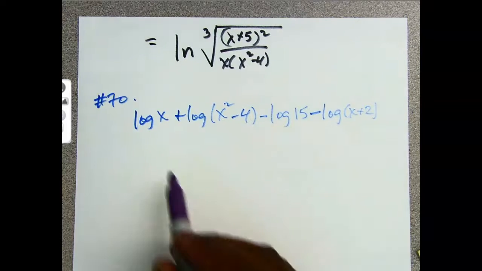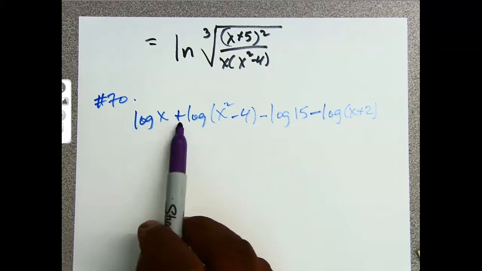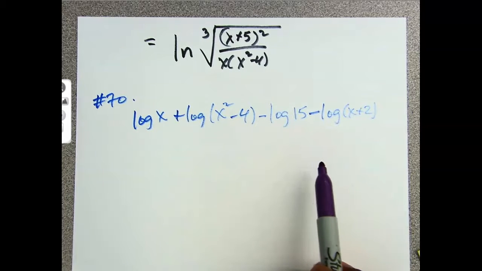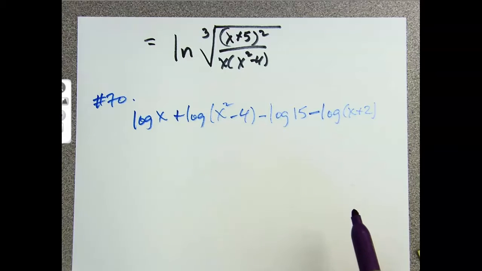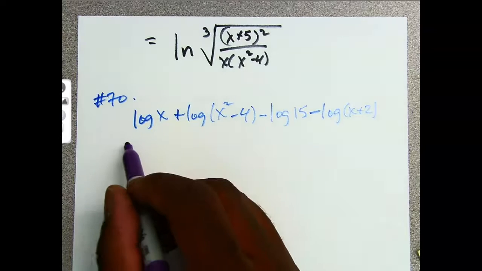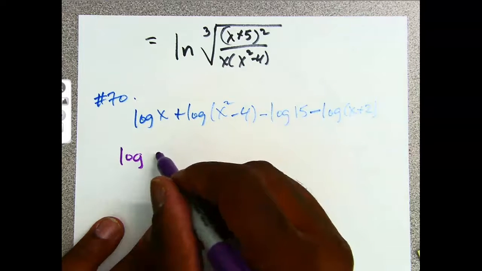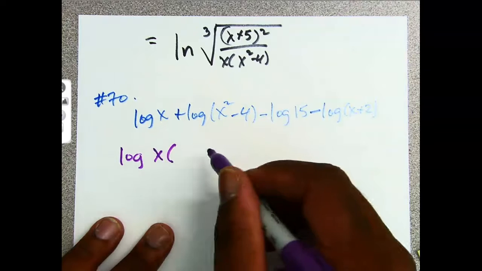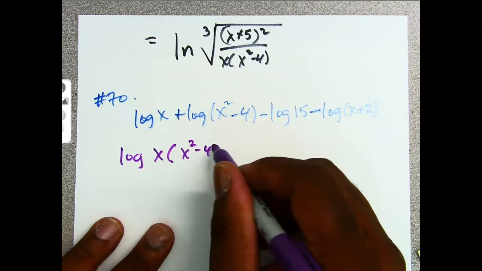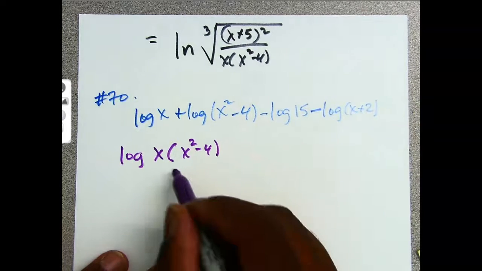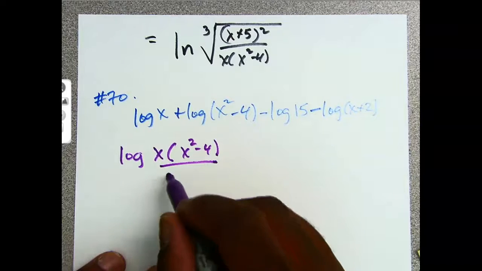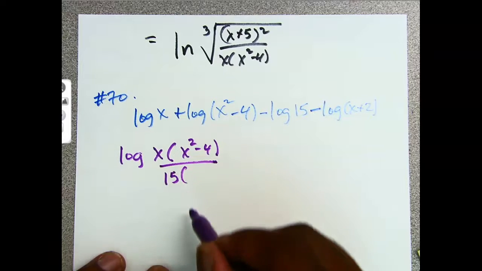Okay. So it looks like all of our coefficients are 1, so we're okay to go ahead and start with our product and quotient properties. So log of x times x squared minus 4 over 15 times x plus 2.